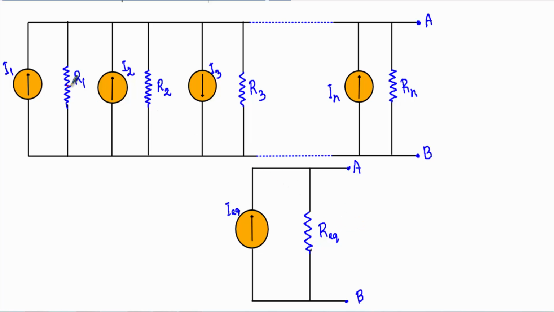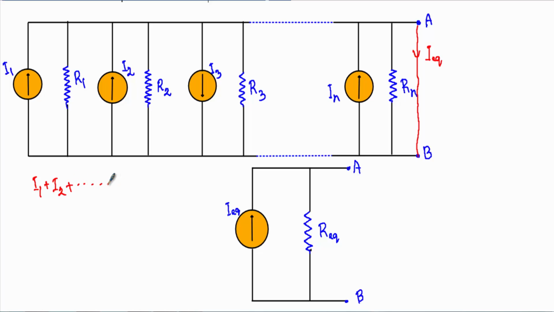Okay, now what will be the value of this I equivalent? I equivalent will be the current that will be flowing through this AB path. Now if I apply KCL at this node or at this junction, you will see I1 will be incoming current, I2 will be incoming current, just like this.